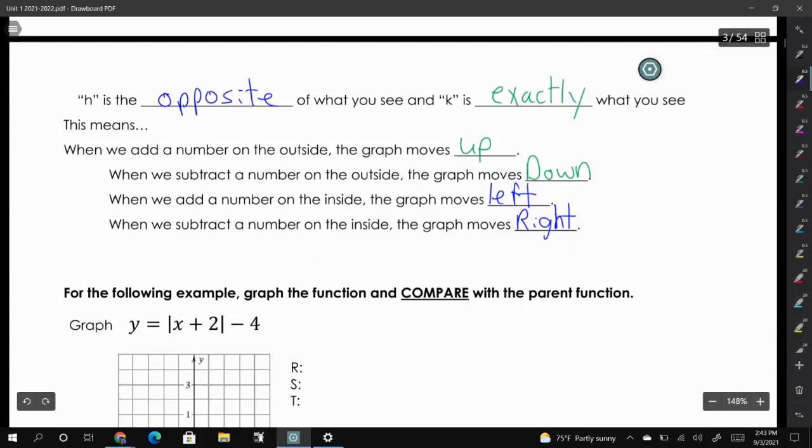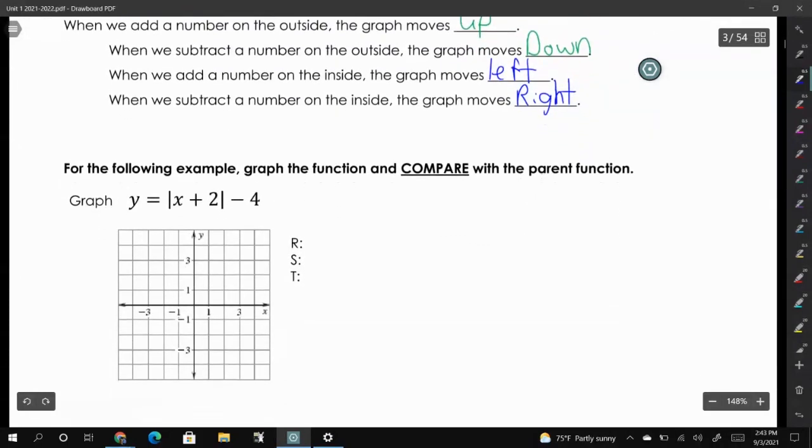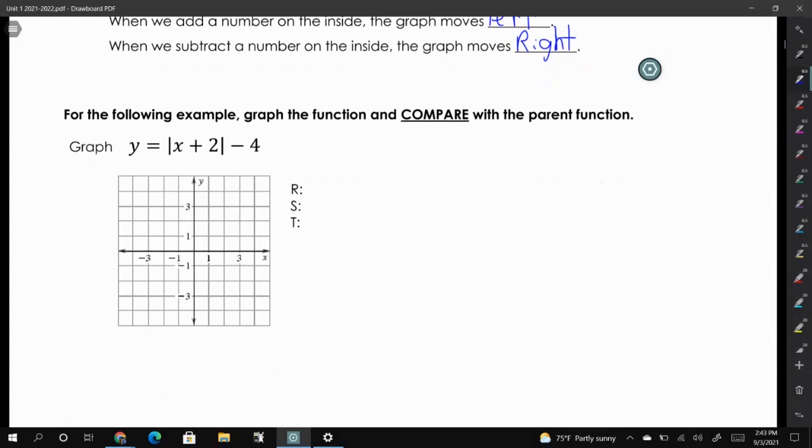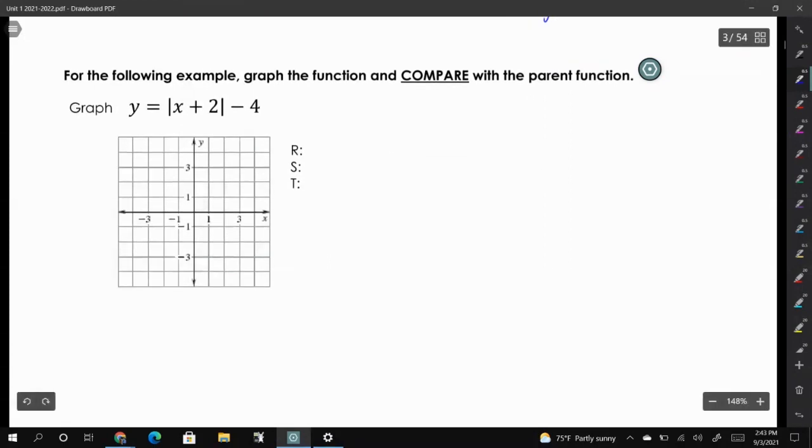So let's look down here at this example. We're going to graph the function and then compare it. Well, when we see this plus 2, that means our graph is going to be shifted left 2. And this minus 4 means we're going to be shifted down 4. 1, 2, 3, 4.